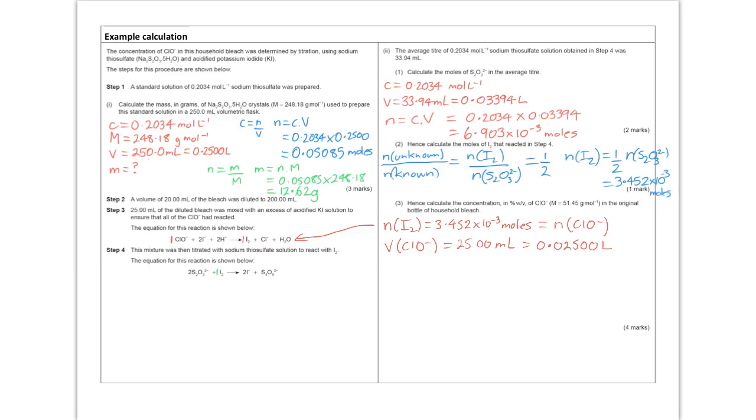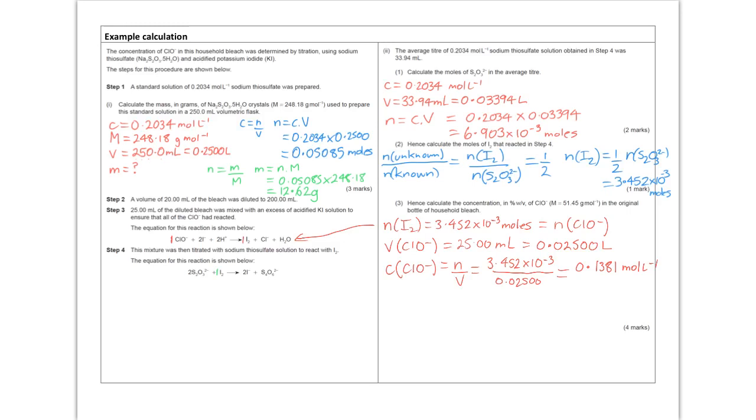So the concentration of that ClO minus solution is equal to the number of moles divided by the volume, which is equal to 3.452 times 10 to the minus 3 divided by 0.02500, and that's equal to 0.138, and then I've got a 0.6, so 6 is greater than 5, so I'm going to round that up there to the 1 moles per litre.